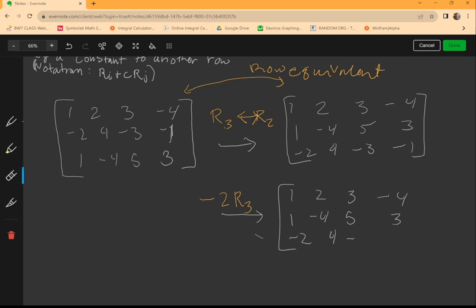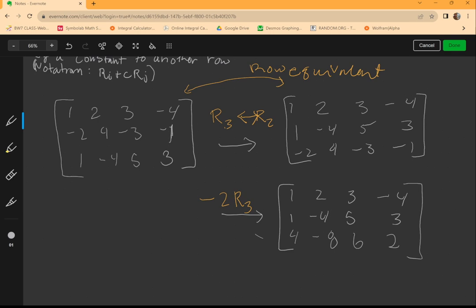Oh, excuse me, got ahead of myself here. The third row, every single element in that third row gets multiplied by negative 2. So we get 4, negative 8, and 6, 2. Okay, so that is an example of the second row operation.